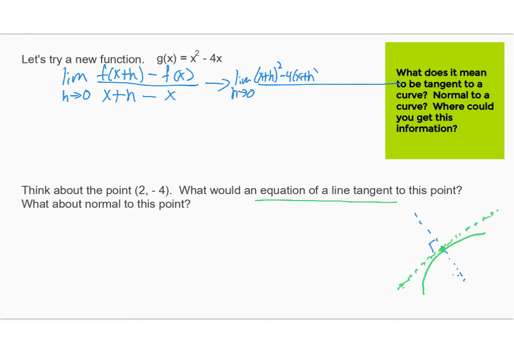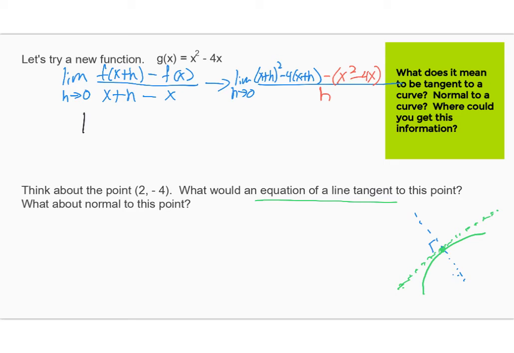I'm going to switch colors just to keep things a little bit easier to see. Minus that original function, x squared minus 4x. All right, and then on the bottom, x plus h minus x. I'm going to acknowledge that that's just going to become h before I jump to the next line. Cool, let's multiply some stuff out, do some distribution.